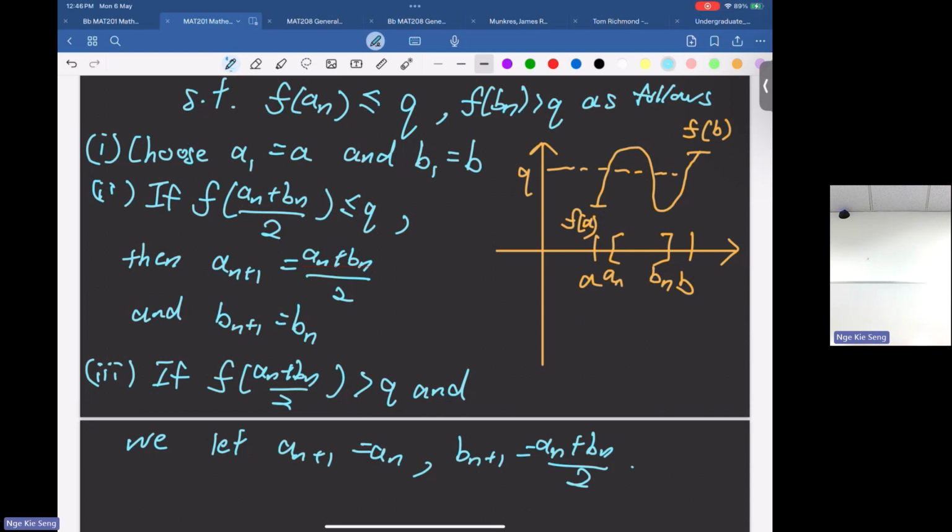For example, let's say the middle is somewhere around here, and you see the value at the middle is greater than or equal to q.